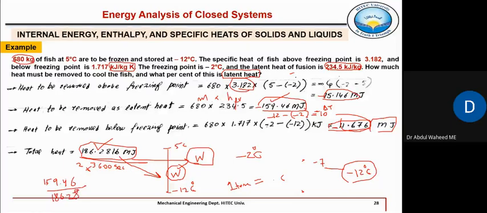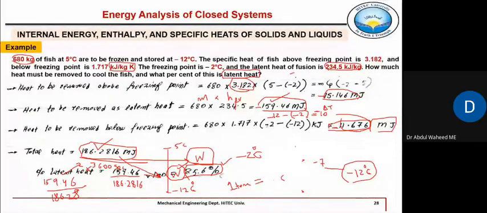That is the percentage of latent heat which is removed from the total. So that is 85.6%. The amount of latent heat removed out of this 186 is 85%.